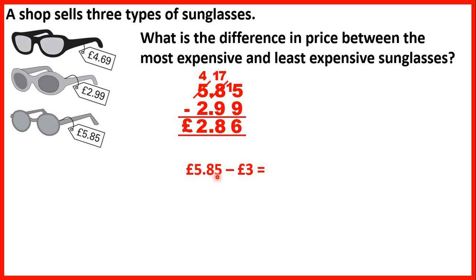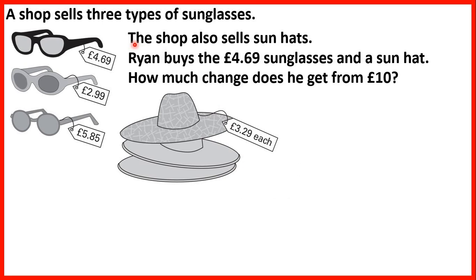So £5.85 minus £3 is £2.85, but that's subtracting £3, and we only needed to subtract £2.99, so we've subtracted 1 pence too much. So if we adjust by adding 1 pence, that gives us the same answer, a difference of £2.86.